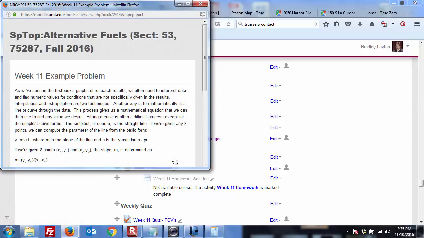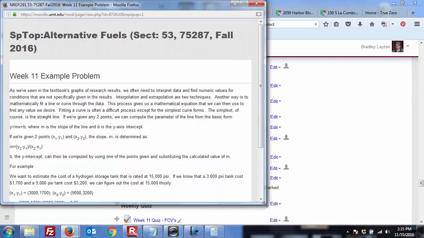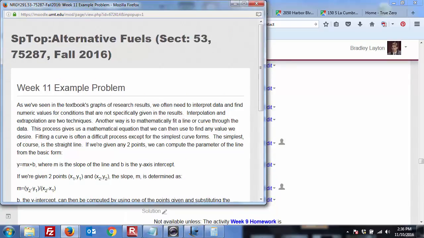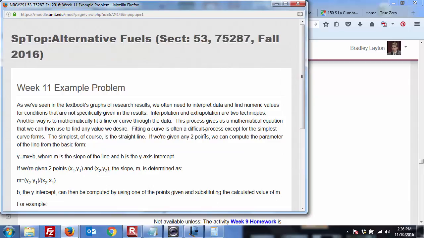Okay, as we've seen in the textbook drafts of results, we can often need to interpret data and find numerical values for conditions specifically given. That's our interpolation we've done already. Interpolation and extrapolation are two techniques. There are ways to mathematically fit a curve or a line through the data.